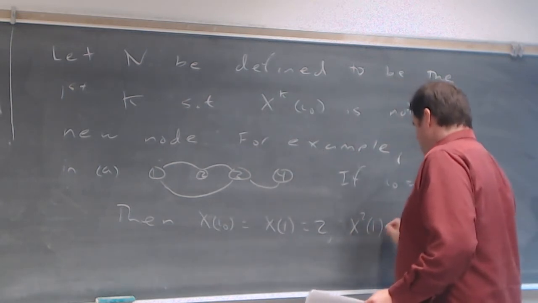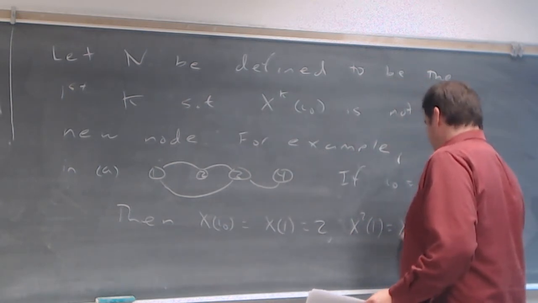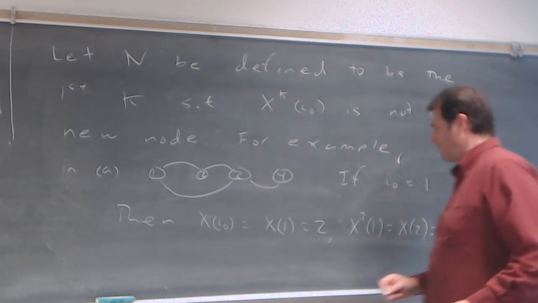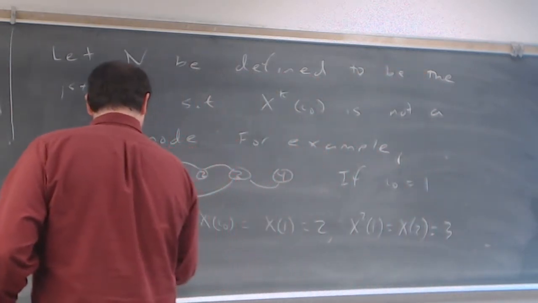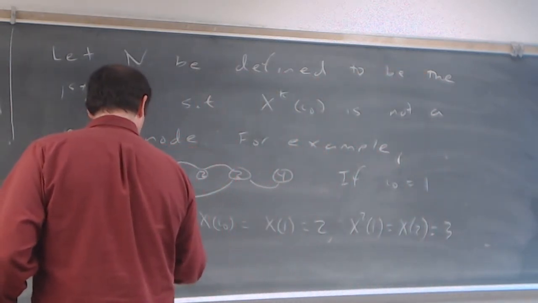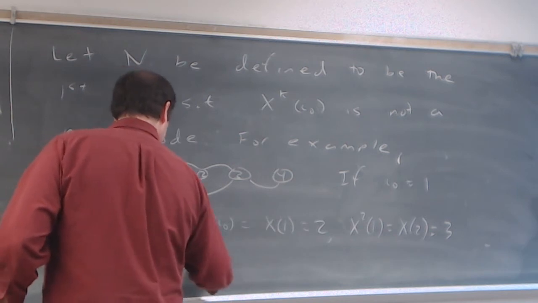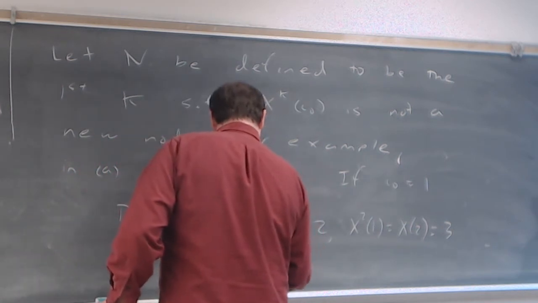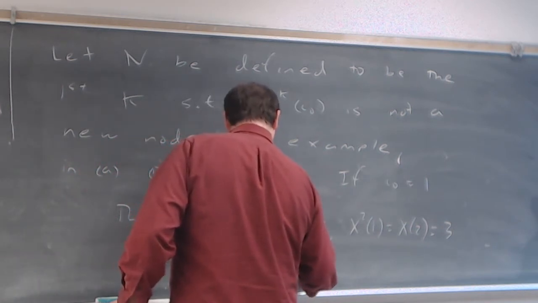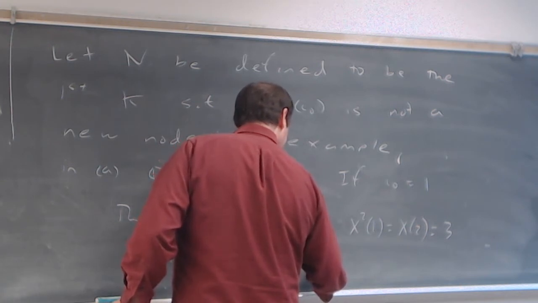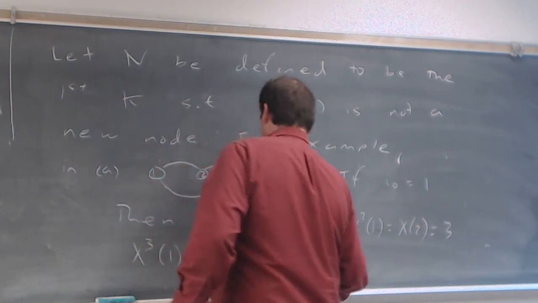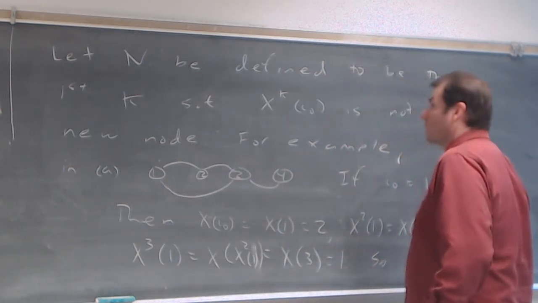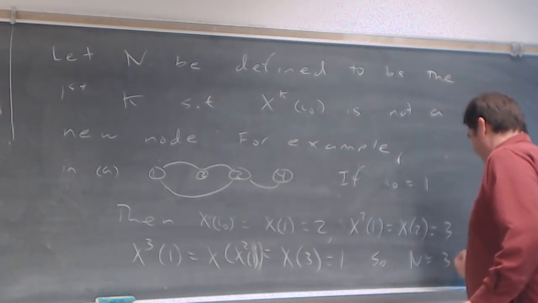X squared of 1 would be equal to x of 2, which would be equal to 3. And then x superscript 3 of 1 is x acting on x squared of 1, which is x acting on 3, and x acting on 3 is sent to 1. And so n here is equal to 3 in this example.